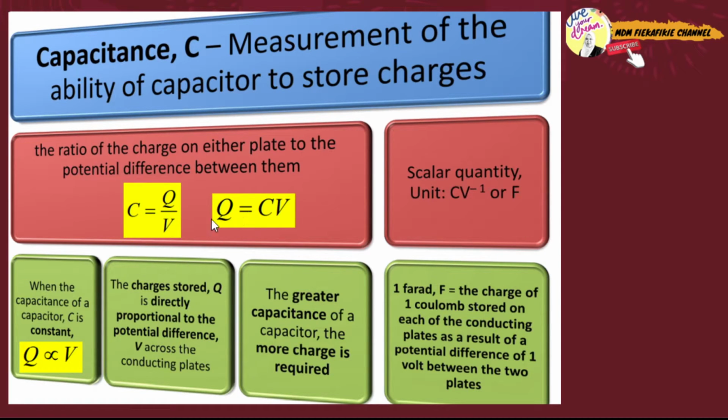So Q, the charge stored by a capacitor, can be calculated by this equation, which is Q equal to CV. Remember to all students, when you answer a question in this subtopic, the unit for the capacitance of a capacitor should be in farad. Please leave your answer in farad in your exam. Q is directly proportional to V when the value of the capacitance is constant.